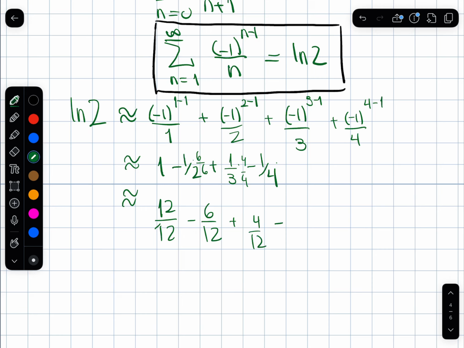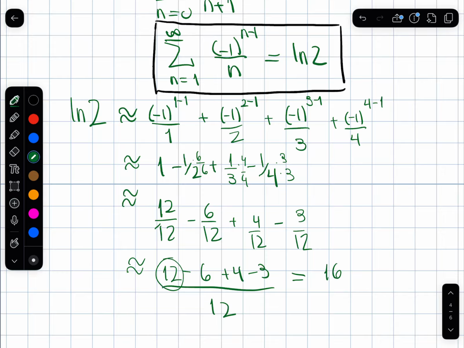Positive and minus, and this goes by 3 over 3 to give me a 3 over 12. So it's 12 minus 6 plus 4 minus 3, all of that over 12. Hope you're following what I'm doing. If I get the positives together, that's 16, minus 9 over 12.